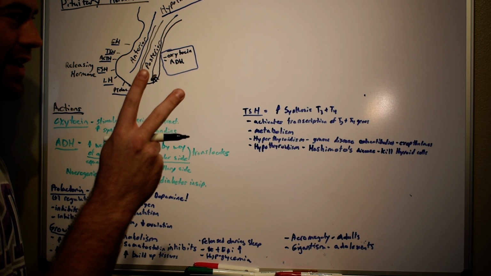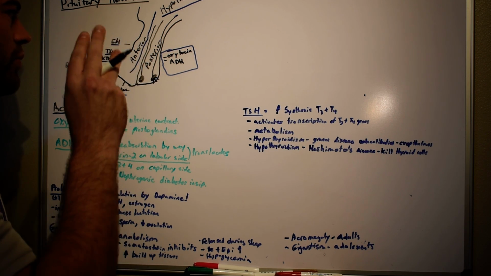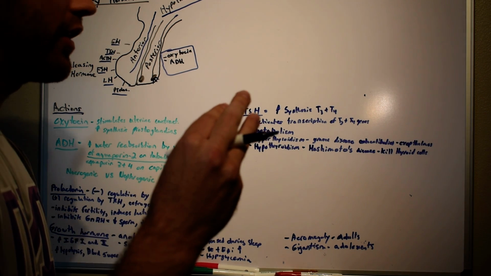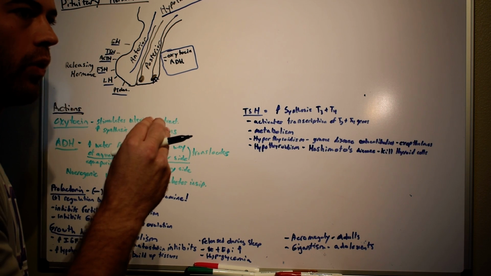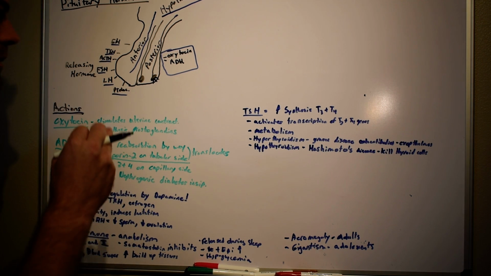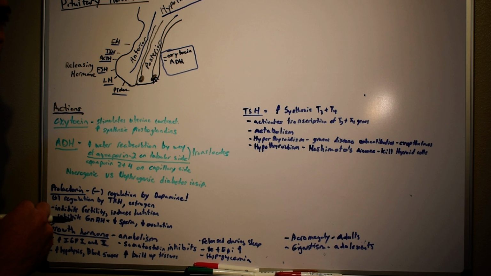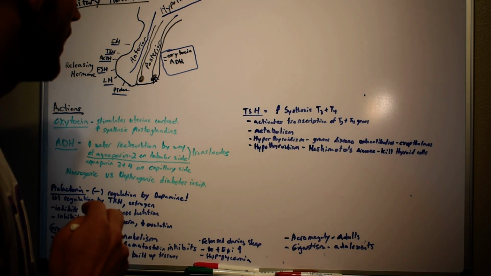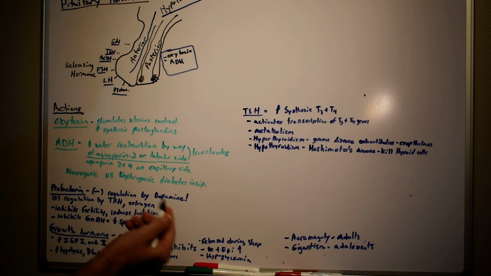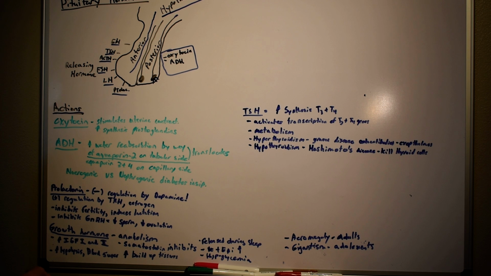It's going to release a hormone that's going to do that. And then we have our secondary glands or effector organs that are stimulated by that hormone from the pituitary. So the pituitary is adequately called the master gland because it controls everything in the body. Yeah, it really does.